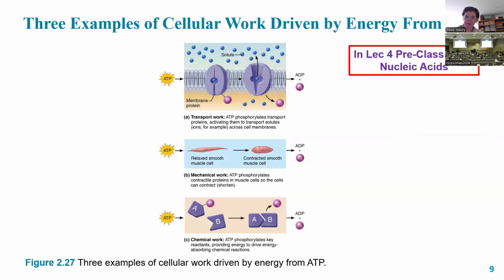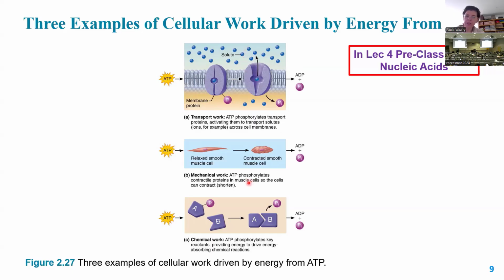All right. So here are examples of work that is driven by the energy found in ATP. You can have transport of things through membranes, going against their concentration gradient, so you need energy to push something against the concentration gradient.